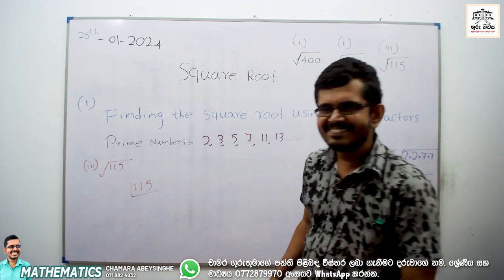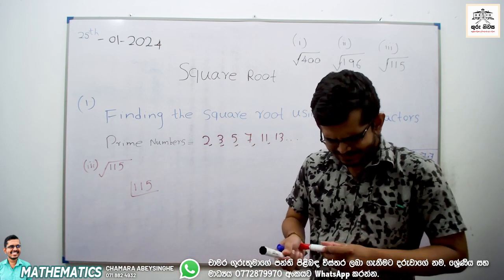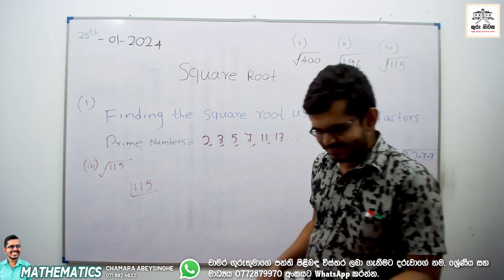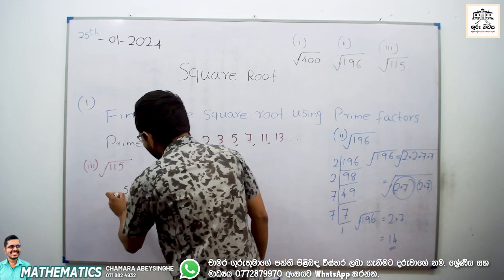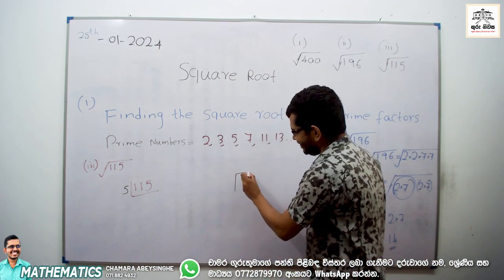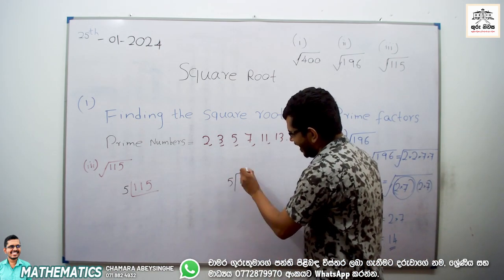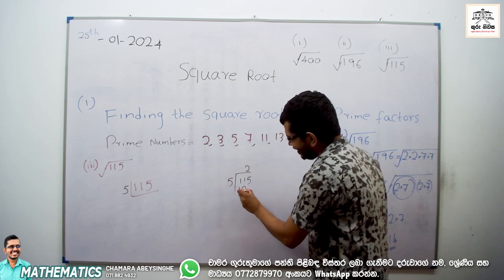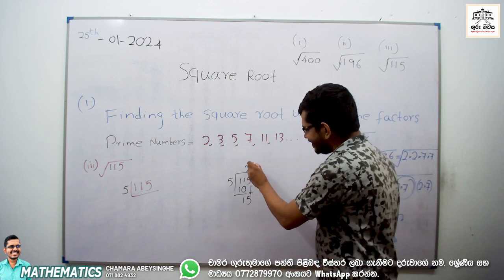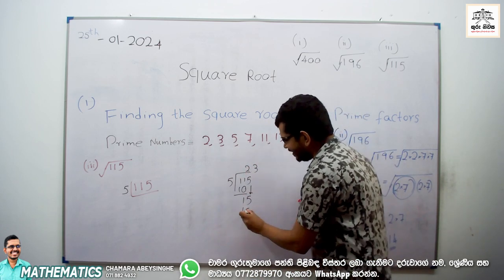We can divide 115. Which prime number is suitable? 5. Okay. 115 divided by 5. What is the answer? 2, 5 times 2 is 10, remain 1, 15. 15 is 3. 5 times 3 is 15.